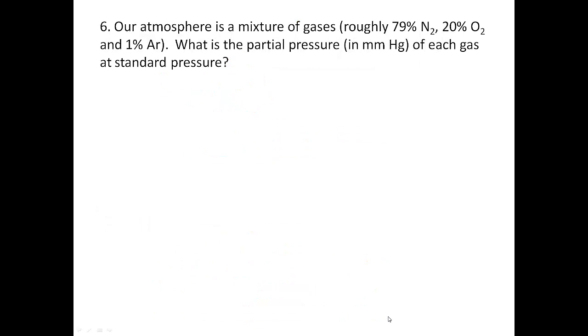Okay, number 6. Atmosphere is a mixture of gases. What is the partial pressure of each gas at standard pressure? Okay, remember, standard pressure is equal to 760 millimeters of mercury. So if that's our base, let's figure this out. Well, if nitrogen is 79%, let's turn that into a decimal and multiply it by the total pressure.